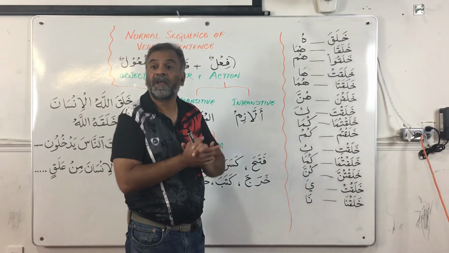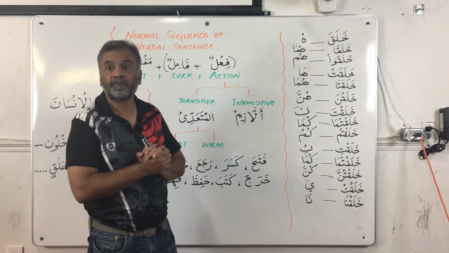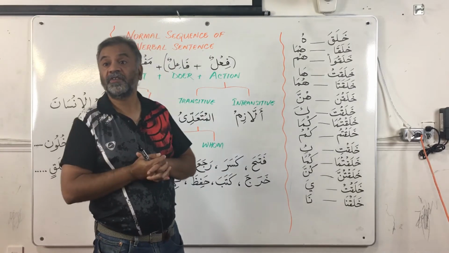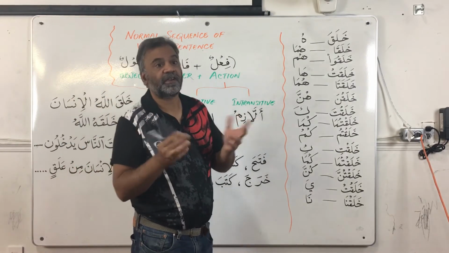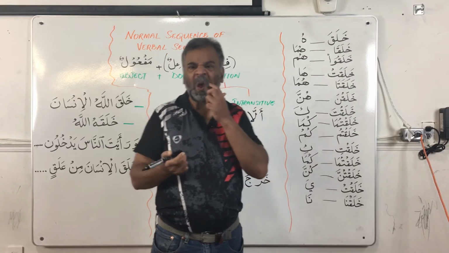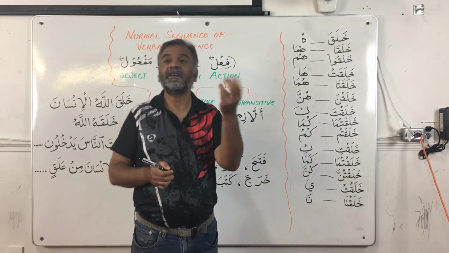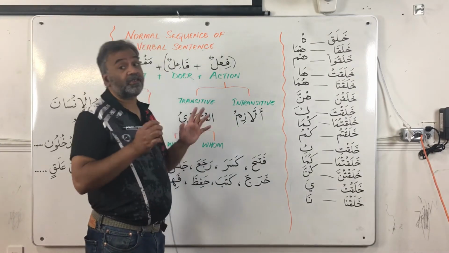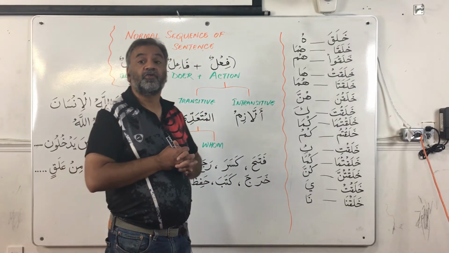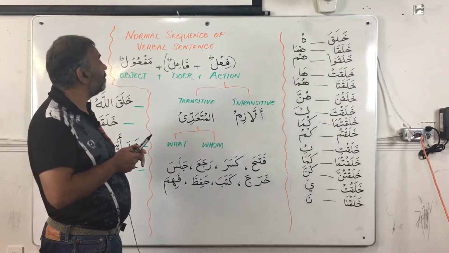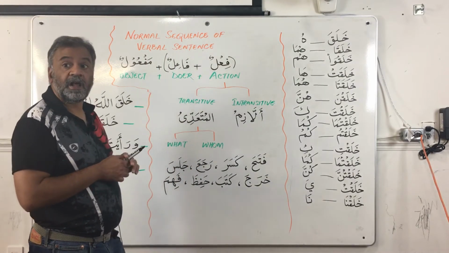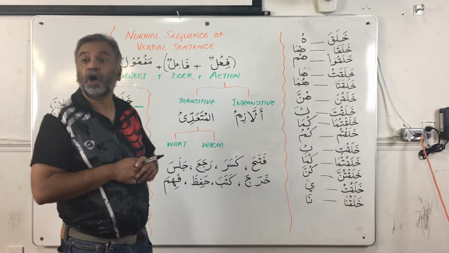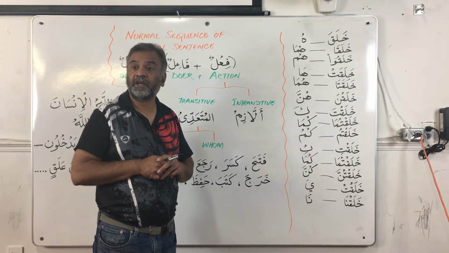Khalaqa. Is it transitive or intransitive? He created. Transitive. He created something, or in the case of Allah subhanahu wa ta'ala, someone, right? So this is a transitive verb. So when khalaqa comes, then we are looking for the fail, the doer, and then we are looking for an object, right?